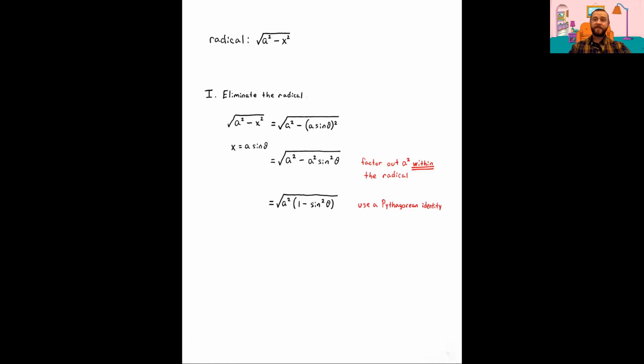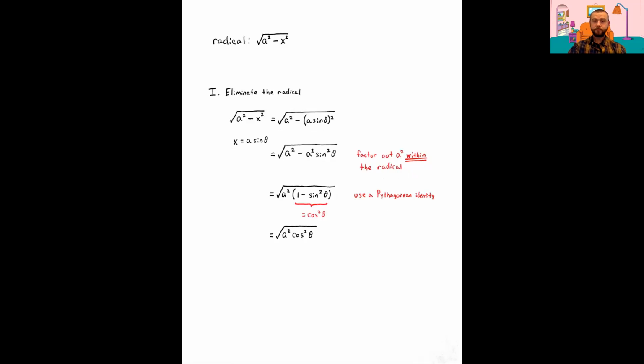And notice now, by factoring a squared out, we have an expression for which we can apply a Pythagorean identity. 1 minus sine squared equals cosine squared. And that basically shows you all the key steps to how the radical is eliminated. Notice here, before we advance, we can get rid of the square root because everything inside the radical is a perfect square.